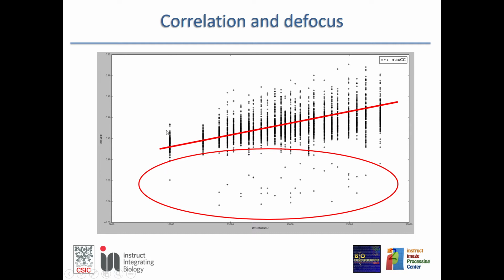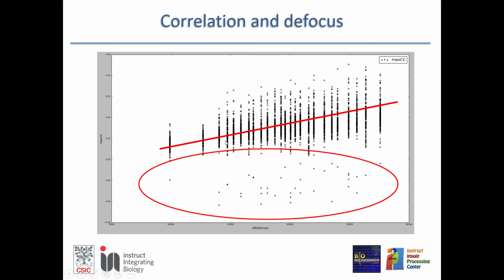So if you systematically remove images according to their cross correlation, you may be systematically removing the low defocus images. And you may also recognize a few outliers, and this is very useful to remove.